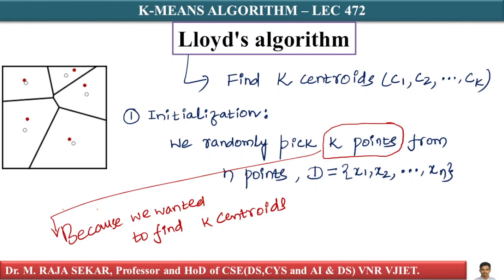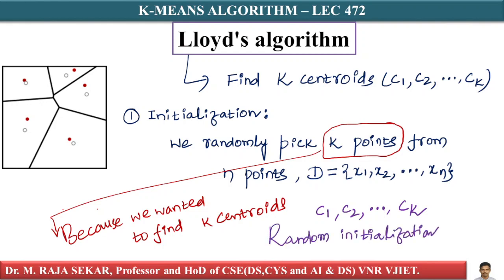Pick k points from data set D and call them our centroids C1, C2, and so on, Ck. This is called random initialization. The first step is to initialize the points.